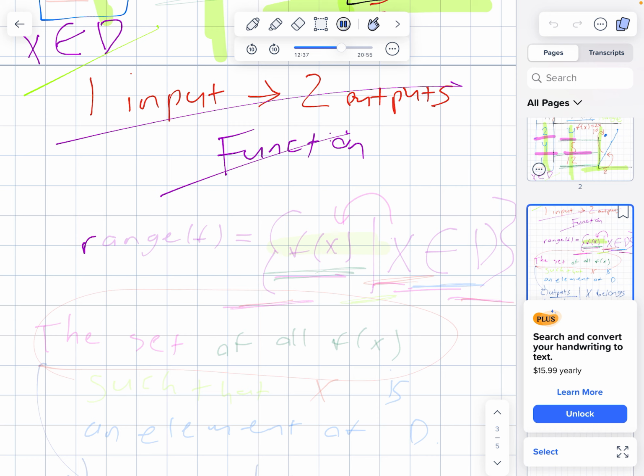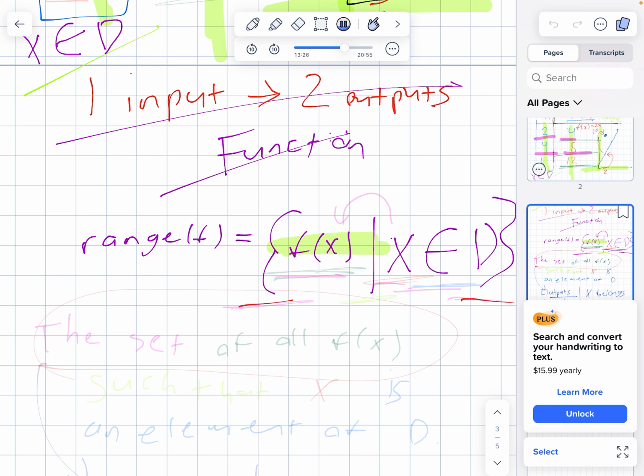We can say that our range, nice curly brackets, I'm sure you can draw some better ones than I can, such that x belongs to D. What this really means in English, well, let's break it down.